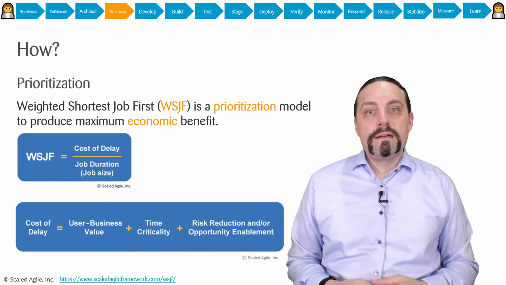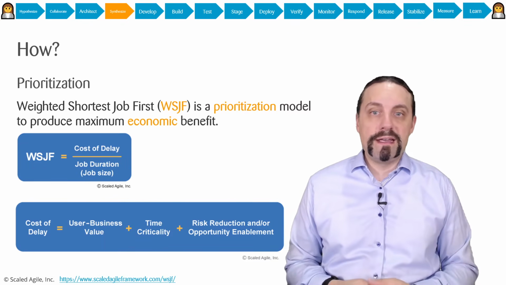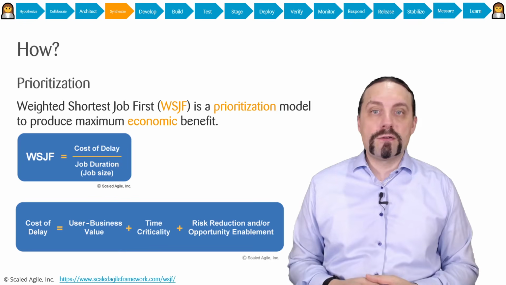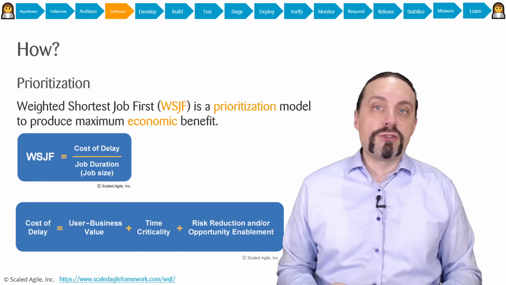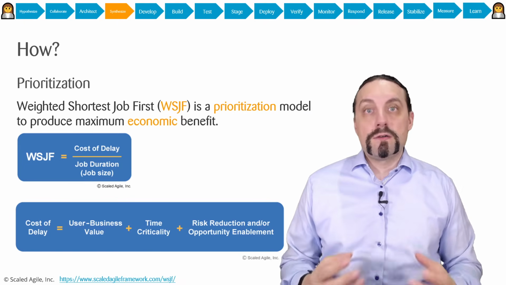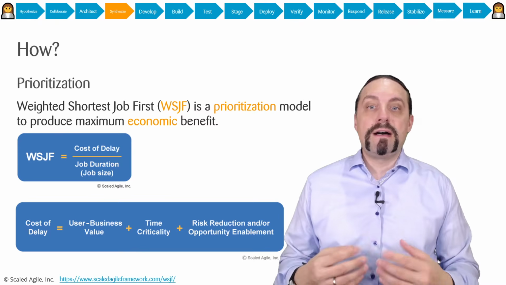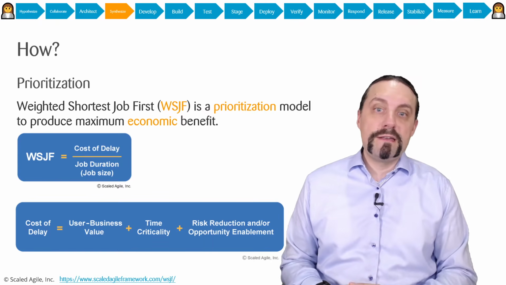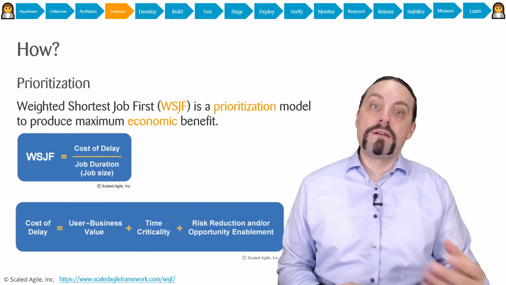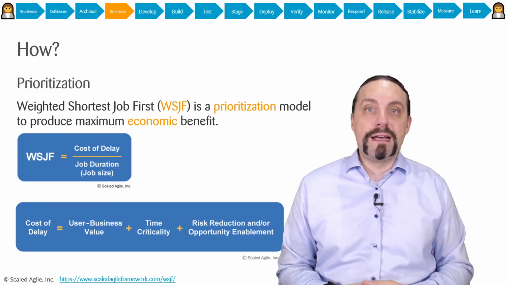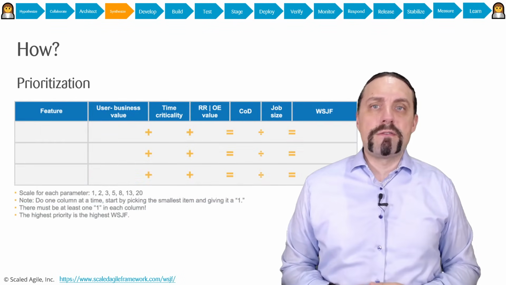This technique will use the so-called cost of delay and divide the cost of delay by job duration or the job size. Cost of delay in itself is defined by the user business value plus the time criticality plus risk reduction and opportunity enablement. So how is this prioritization done?